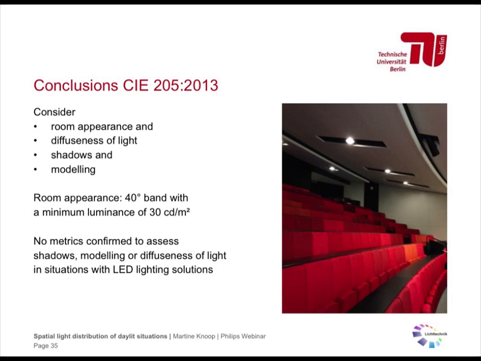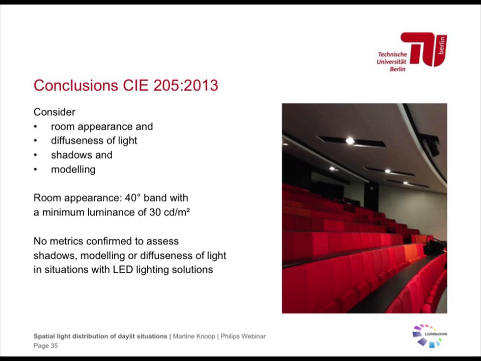For room appearance, the document proposed to look at minimum luminance values within a 40-degree band of the field of view of an observer. I will get back to this 40-degree band in a second. But looking again at the minimum luminances of the walls from a European standards point of view, the standards proposed wall illuminances of 50 to 75 lux, which is approximately 10, 15, maybe 20 candelas per square meter, depending on the reflection of the surfaces.